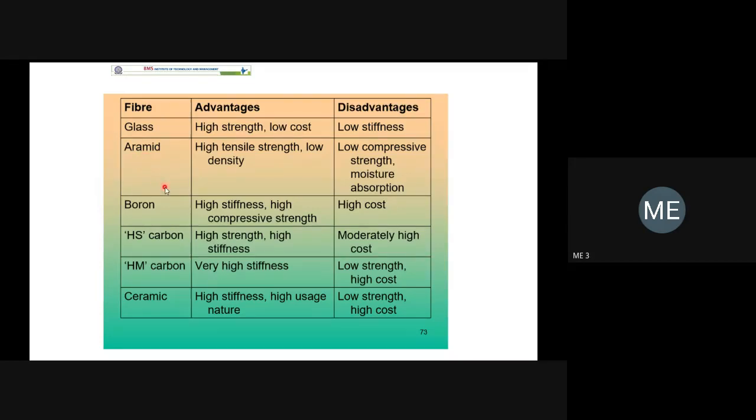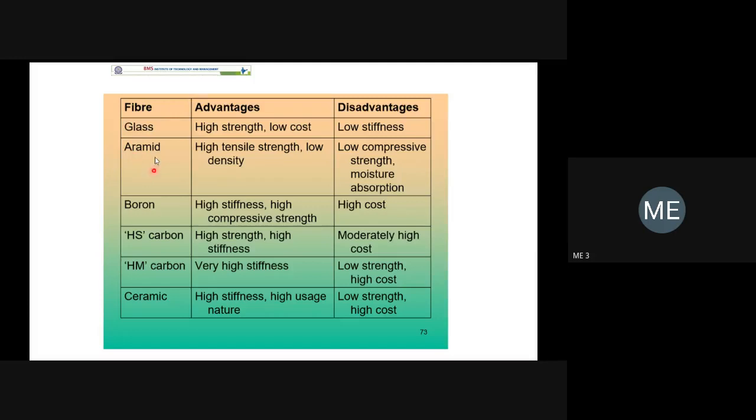But at least to get an imagination, I am showing so many photos. We are not studying many fundamentals here; it is like applied material science. So once you talk about polymer matrix composite, you have to remember the application, the reinforcement material, and the matrix material. Don't worry about advantages and disadvantages; those are not required for your syllabus.